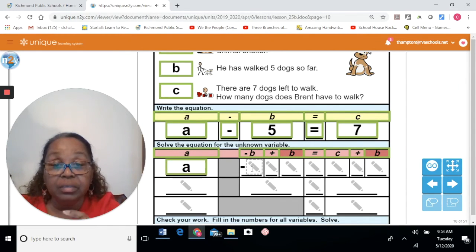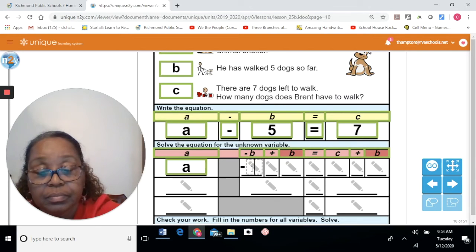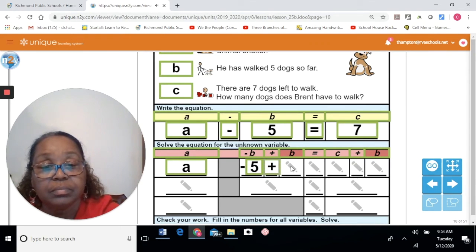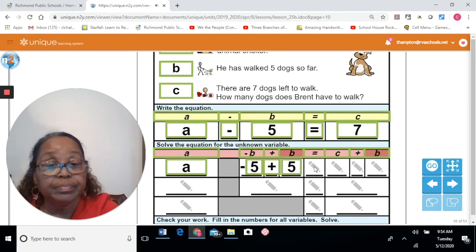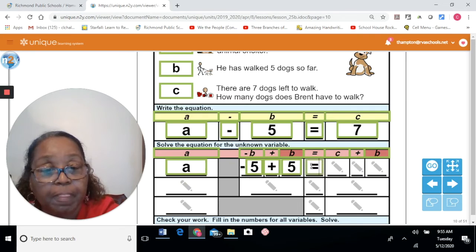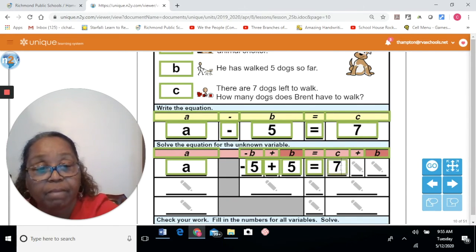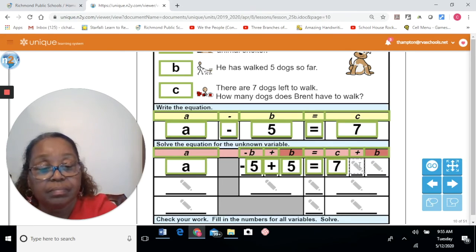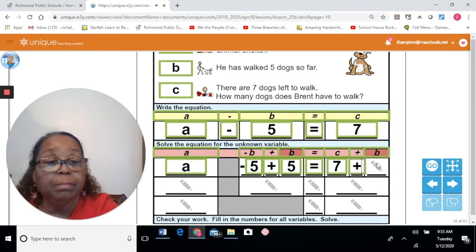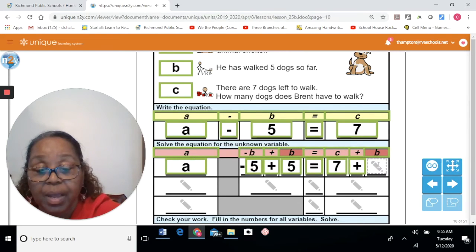And that will be 5 plus 5, which will equal C, which is 7, plus B, which is 5, positive 5.